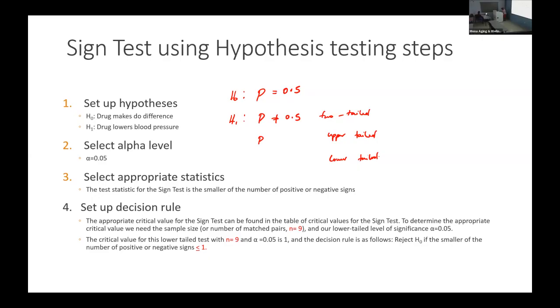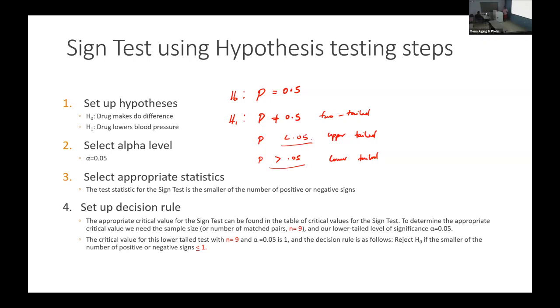P is less than 0.05 for upper tail. All right. And then what? P is lower than 0.05? Oh, I already have P. P is greater than 0.05. All right. If there are no other responses, I will allow you to do it for homework, and we'll talk about it next week.